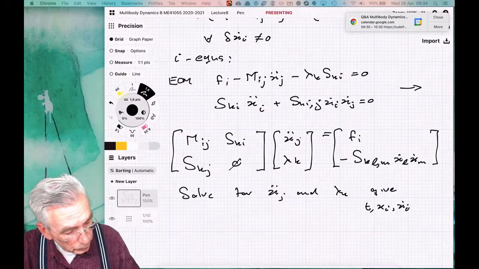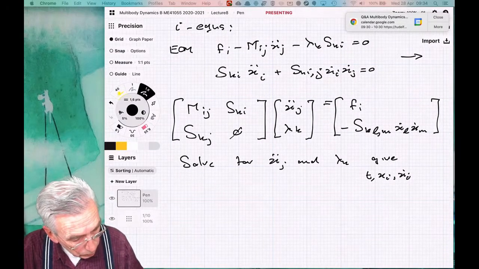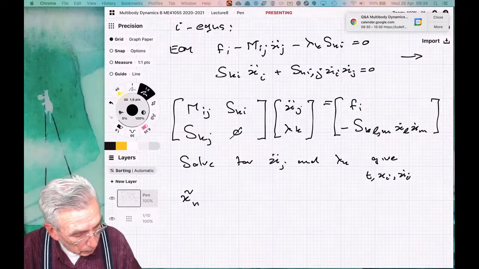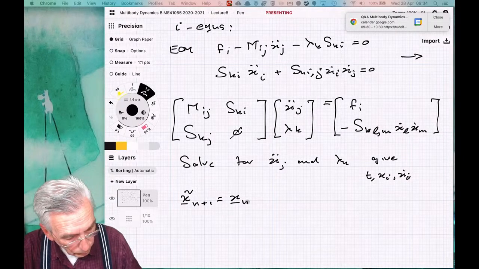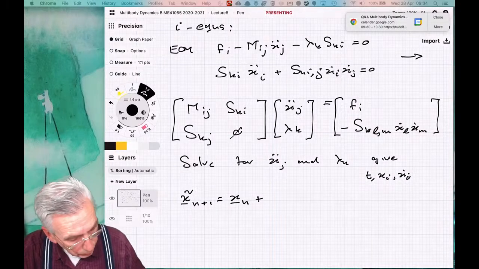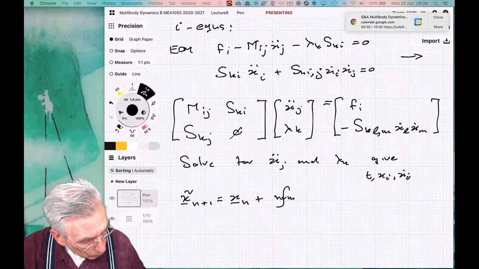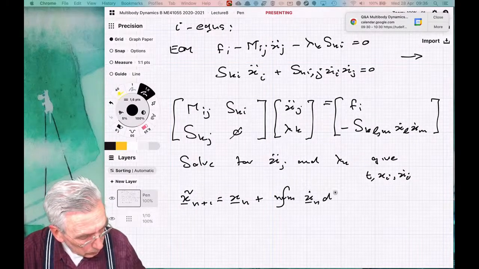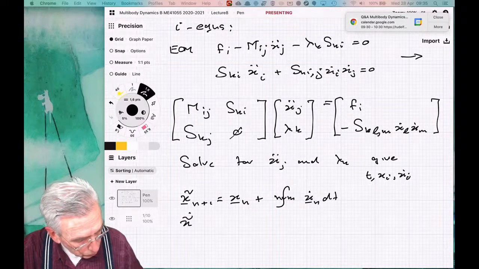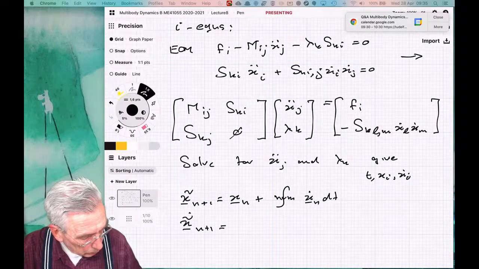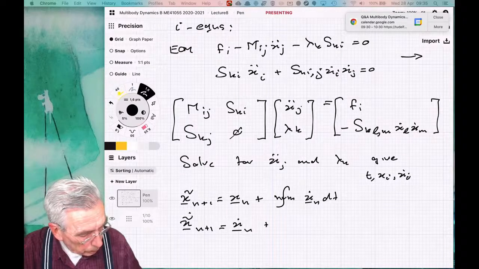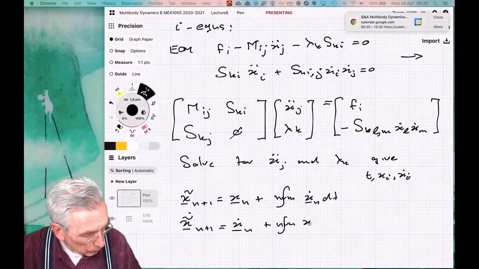And then of course we can find the approximate new positions: n plus 1 is the old one plus the numeric integral, and I like to write it like this, of x dot n dt, and the approximate new speeds are the old speeds plus the numerical integral of x double dot n dt.